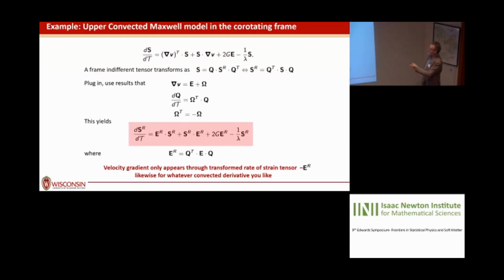So in a nutshell, if you go into the rotating frame, the evolution of this tensor, now in the rotating frame with the superscript R, only depends on the rate of strain and the stress. So the vorticity has vanished from this formulation. So instantaneously, you only depend on the local strain rate. Okay. All right.